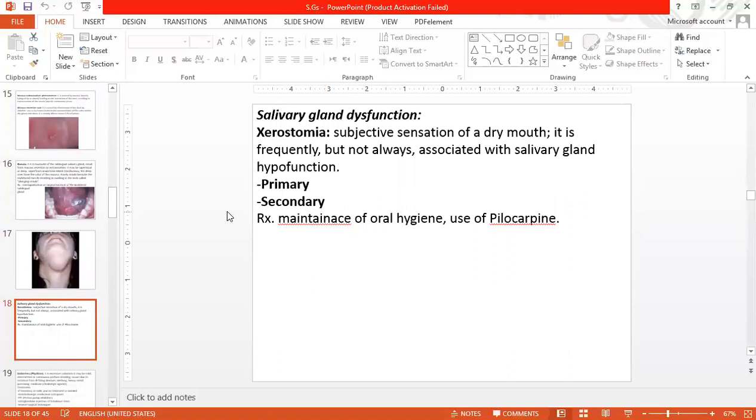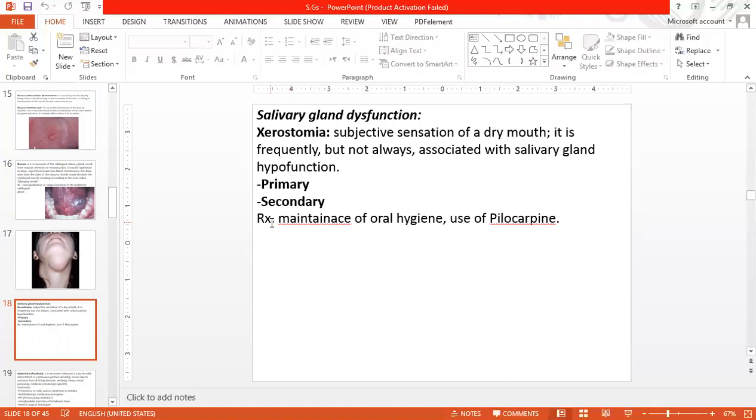For salivary gland dysfunction, we have either xerostomia or sialorrhea. Xerostomia means the decreased secretion of the salivary gland, which is a subjective sensation of a dry mouth, and may be associated with salivary gland hypofunction, which may be either primary or secondary.